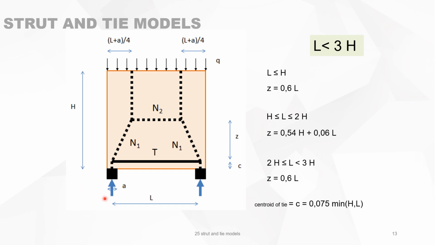Now we look at a deep beam. For instance, it can be a wall of an elevator, and this can be the load coming from the floors. And the wall of the elevator is supported by, for instance, two foundation piles. This load is then concentrated into two locations in struts, and those struts are directed versus the foundation piles.